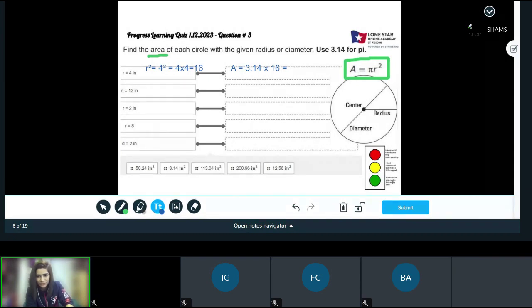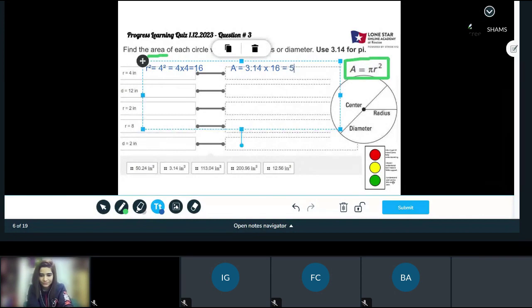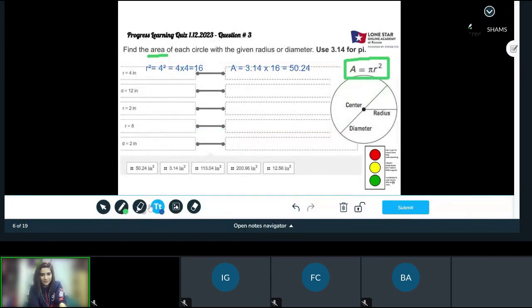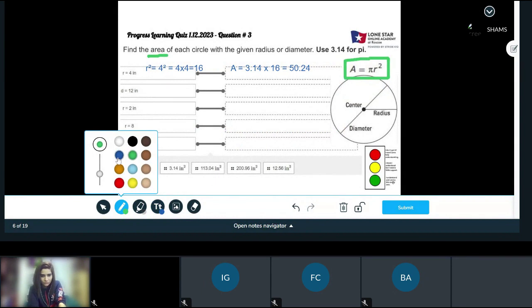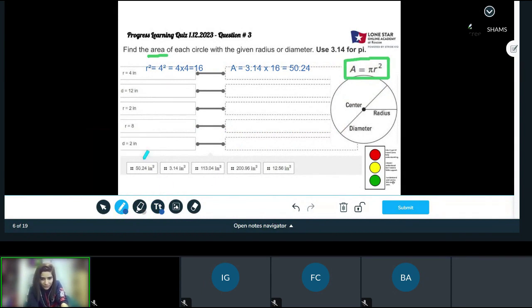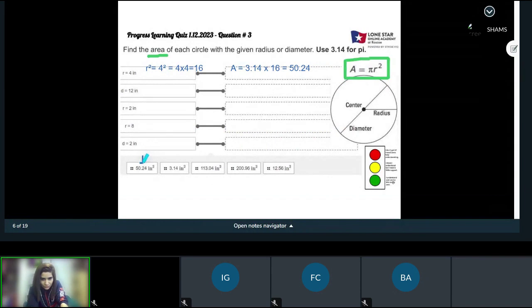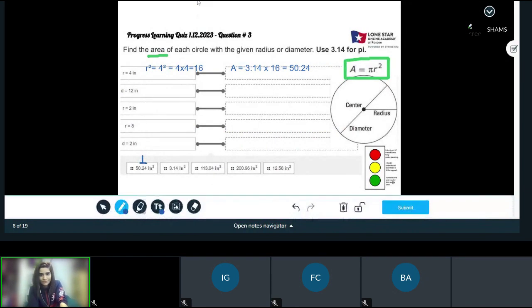So we get 50.24, and I can say this is answer 1. Can you follow the same strategy and find the rest of the areas?